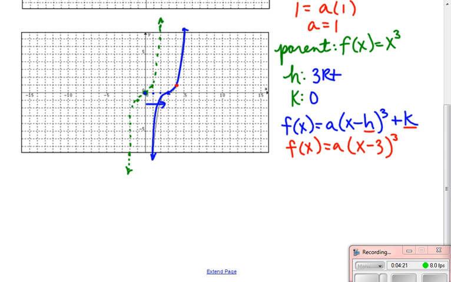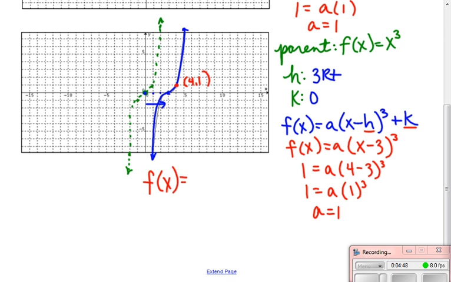So I might pick 4, 1, and let that substitute into my equation. 1 is equal to a times 4 minus 3 cubed to check if my rate of growth is different. So 1 is equal to a times 1 cubed. 1 cubed is 1. So a equals 1. I don't have any change in my rate of growth. So my equation for this graph is f of x is equal to x minus 3, the quantity cubed.